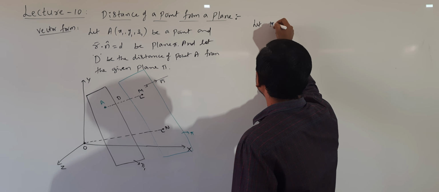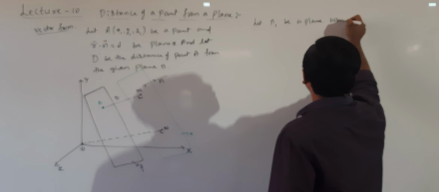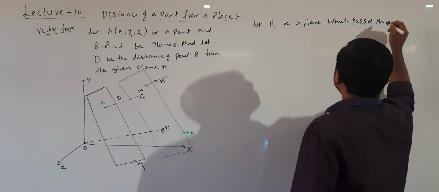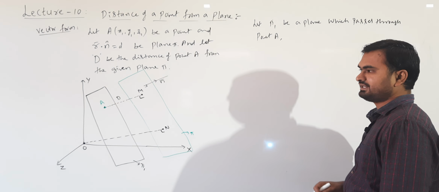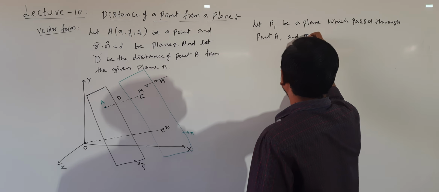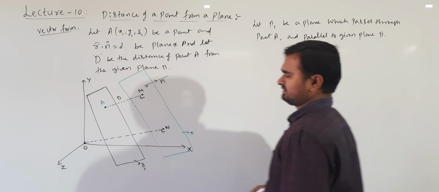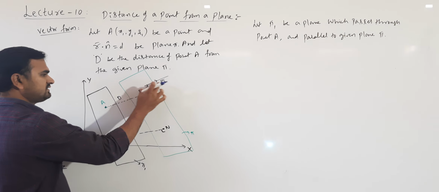Let pi 1 be a plane which passes through the point A and is parallel to the given plane pi. Understand? So this plane pi 1 is parallel to this plane, which means the normal vector to the given plane is the same as the normal vector to this required plane.